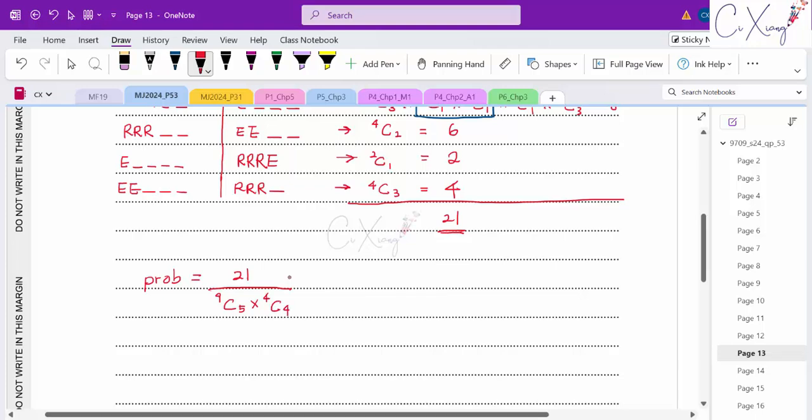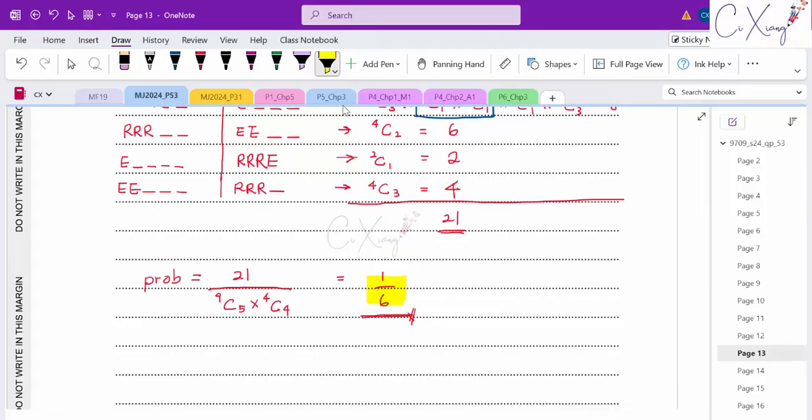So it will be 9C5 times 4C4. This is the total combination without restriction. When you press the calculator to simplify the answer, the answer you get should be 1/6. So this is how we solve question number 6, and here is the end of this paper. Thank you very much for watching the video.